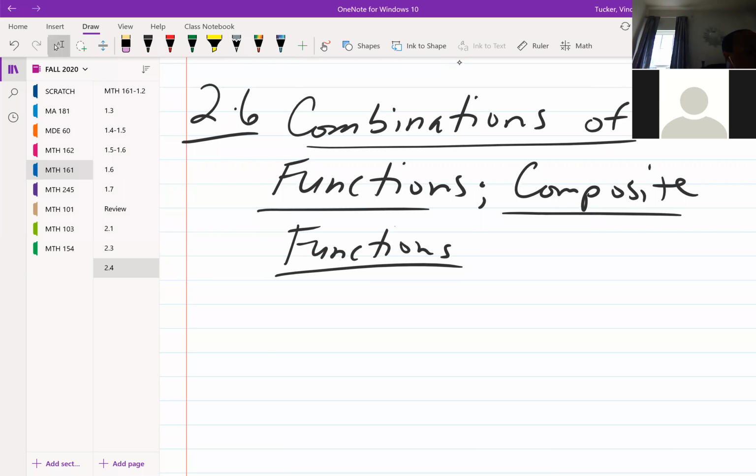All right, so we're looking at combination of functions and composite functions. First thing we're going with is finding the domain.